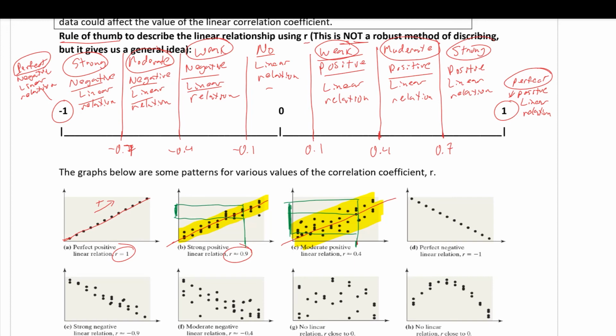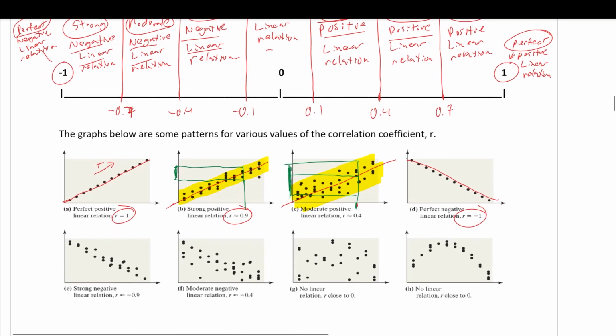This one is a straight line, but it's in the negative direction, right? You can fit a straight line through there. That's the only way you can get an R equals -1. And of course, there's another negative association right here, but with a slightly wider band. That's negative 0.9, so that's a strong negative linear correlation.